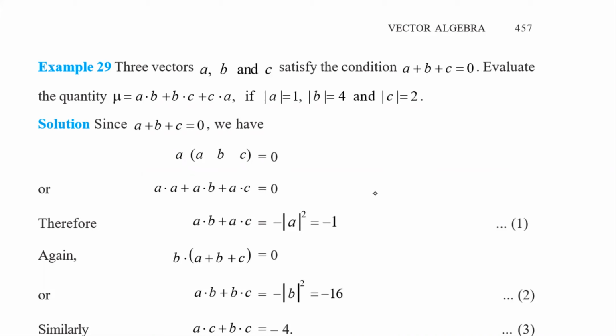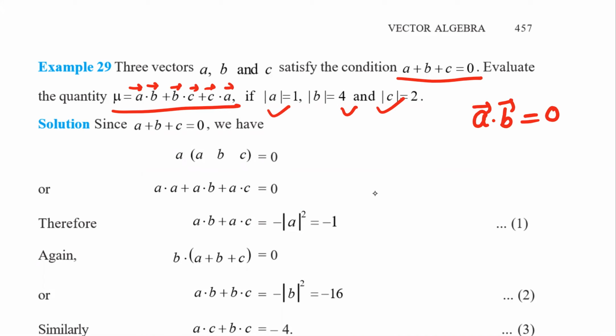So basically 3 vectors are given which satisfy this condition, and we have to find this. Okay, these all are vectors. Now dot product A dot B equals 0 if vector A or vector B is 0. Isn't it?